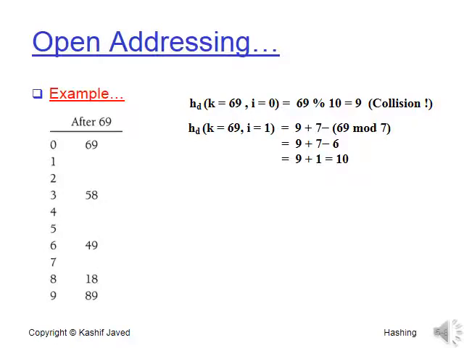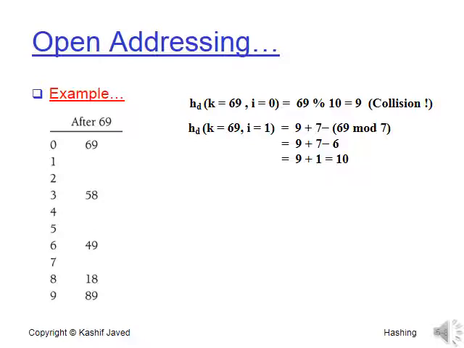Now let's insert number 69 into our hash table. The hash value computed for number 69 by using double hashing, when variable for sequence probing i equals 0, is 9.